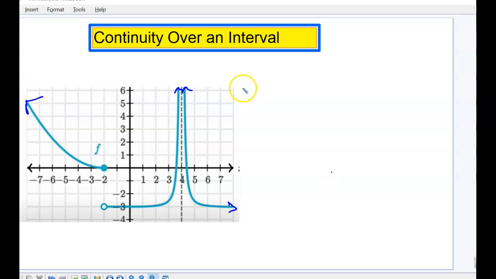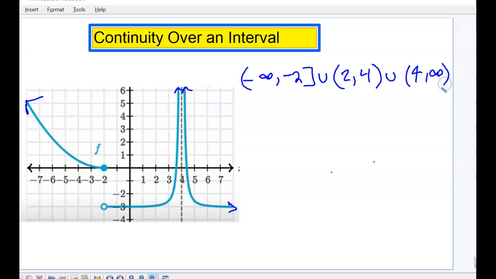So for this particular graph, it would be continuous from negative infinity up to and including -2, union with a round bracket on 2 to 4, not including 4, union with 4 going on to infinity. So functions can be continuous over particular intervals, and we see that in this particular graph here.